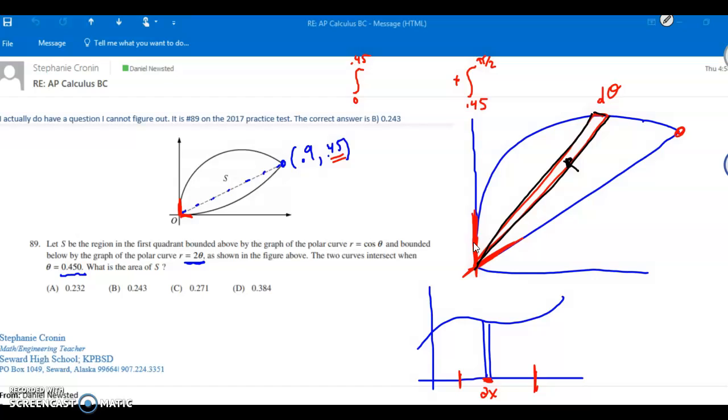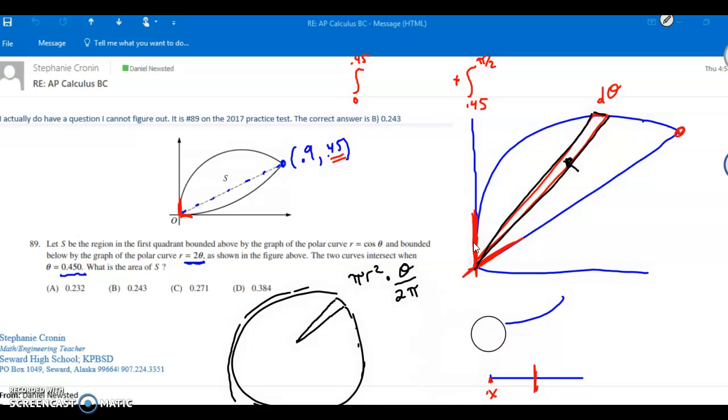Well, that piece is actually kind of like a slice or a sector of a circle. And I know sectors of circles are always going to be pi r squared times the angle that I'm using, which is theta over 2 pi, right? That's the ratio of the circle that I care about.